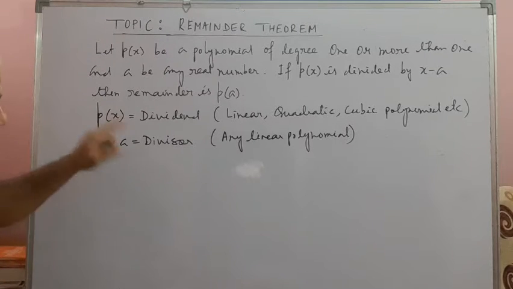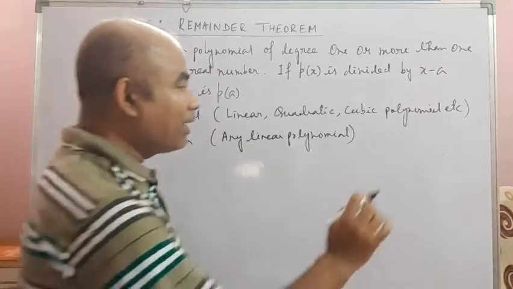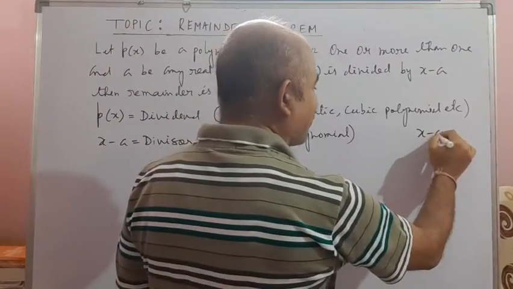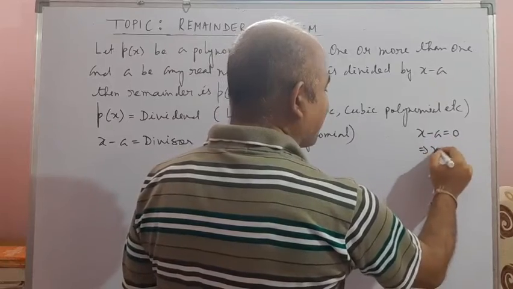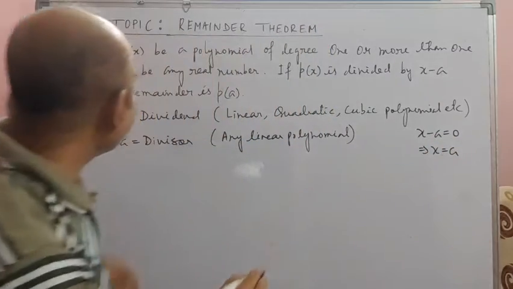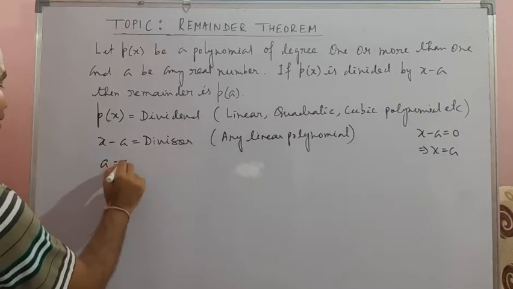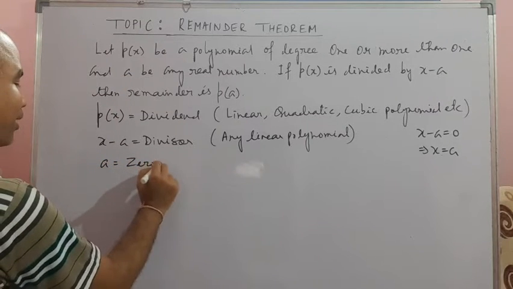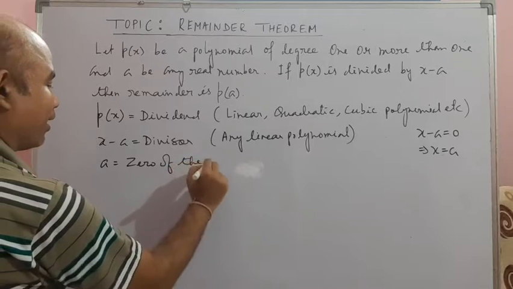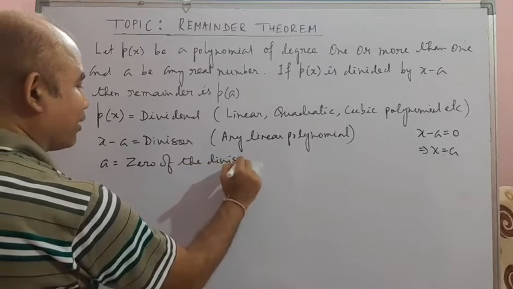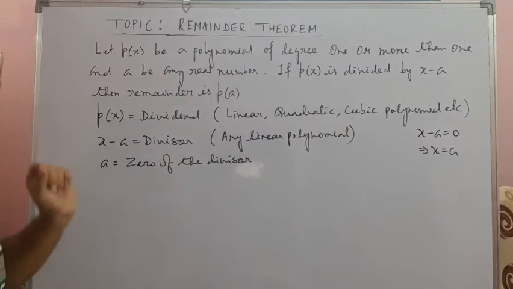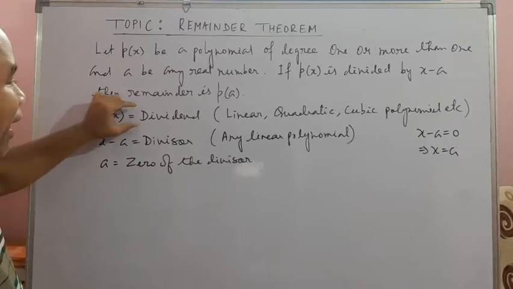Now, if x minus a is the linear polynomial, then what is the zero of this linear polynomial? You have to take x minus a equal to 0, and what is x? That is a. So whatever the real number is mentioned here, a is the zero of the divisor. That means you are going to divide a polynomial.